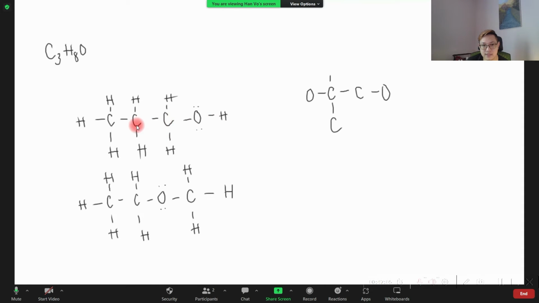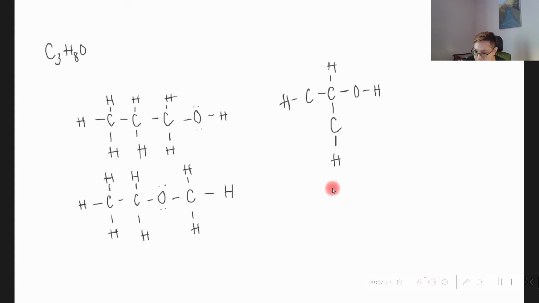Can you move the C in the middle to that C that is connected to the OH? Yes, perfect. Right, okay, good.